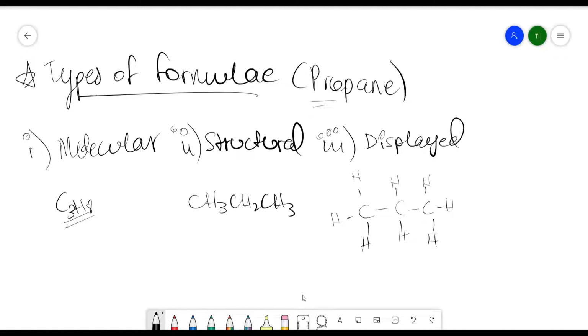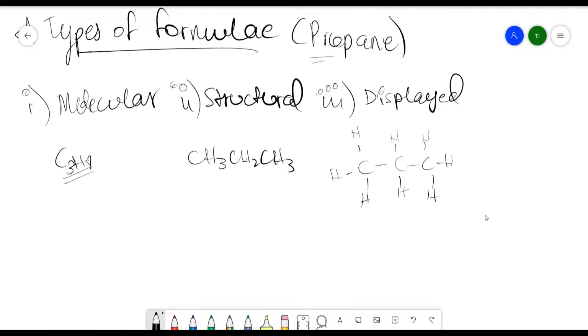And even in displayed, whenever you're asked to draw in displayed, do not draw like this: CH3CH2CH3. Do not draw like this. It's not acceptable. The entirety of the compound has to be in displayed form. Okay. And the last thing, which is new to you in your syllabus, is skeletal.